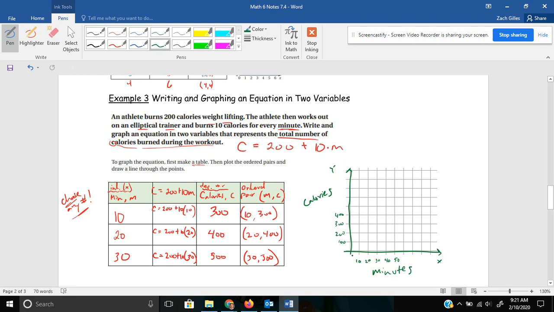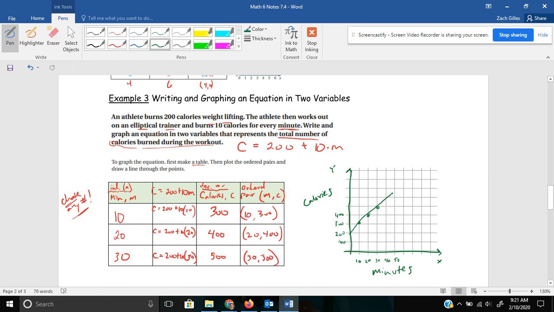That's just fine. All right, so my first ordered pair I need to graph is 10, 300. So when I worked out 10 minutes, I burned 300 calories. There's your first plot right there. 20 minutes was 400 calories. So over 20 up 400. And 30 minutes was 500. Okay, so there is my line.